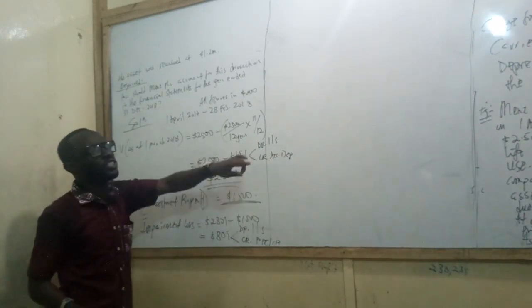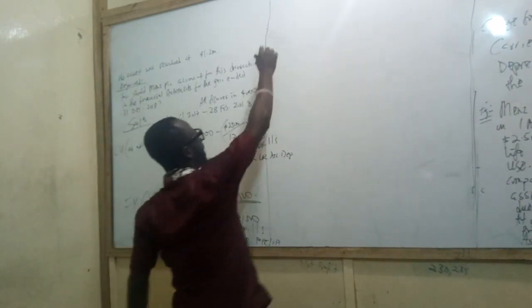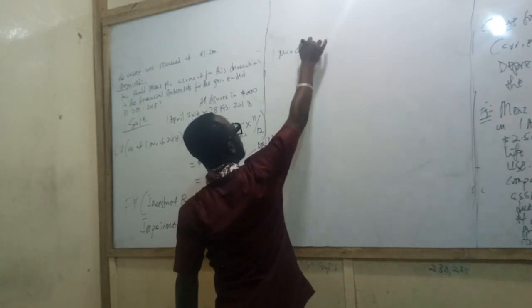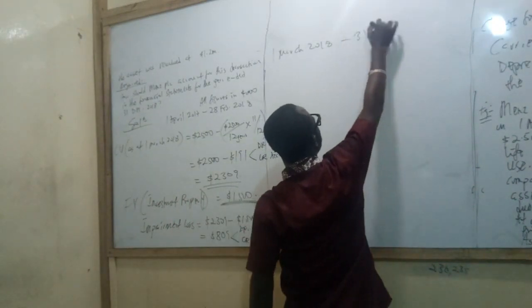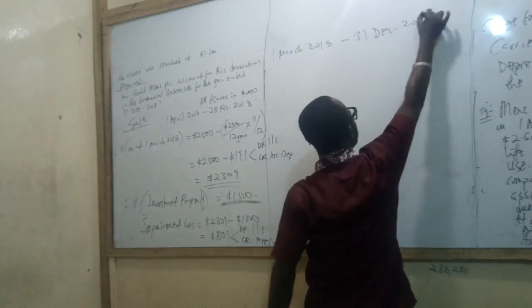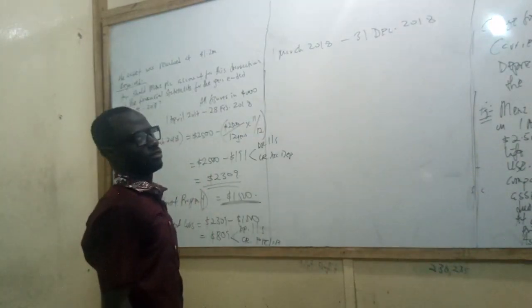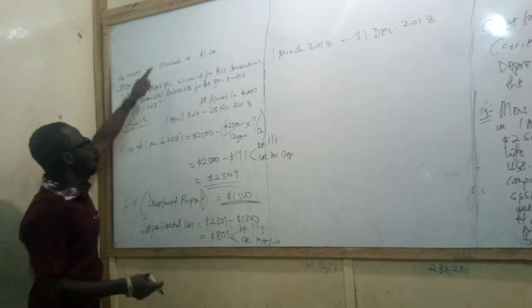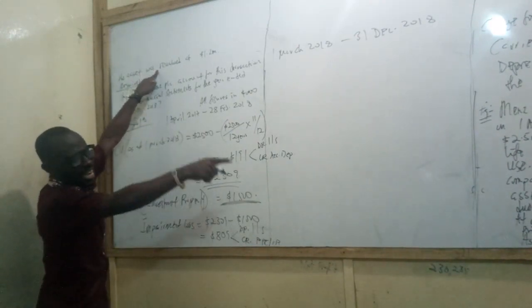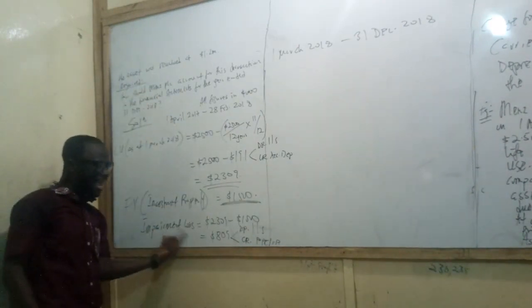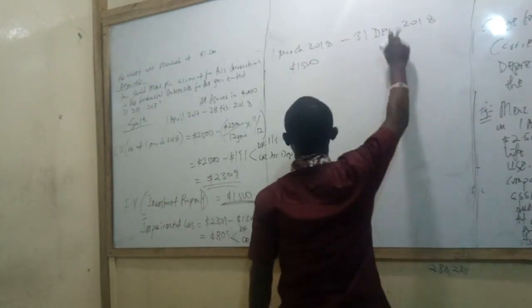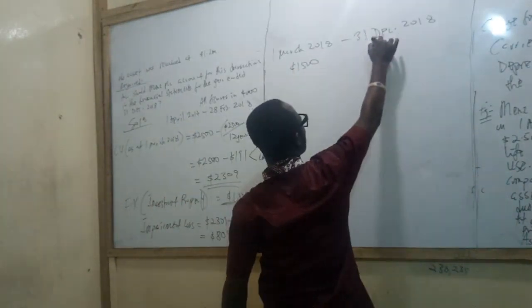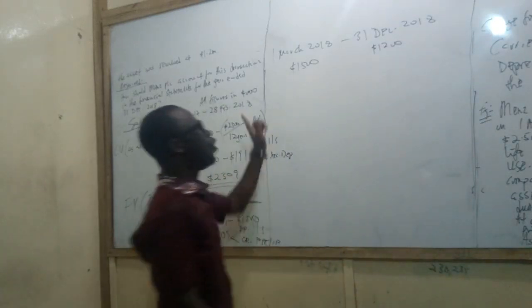So if we don't depreciate from 1st March 2018 up until the year ended 31st December 2018, what happened? There was another revaluation as at the end of the year. So as at the date, it was 1,500. But as at the year end, it has been changed to what? 1,200. What do you see here?